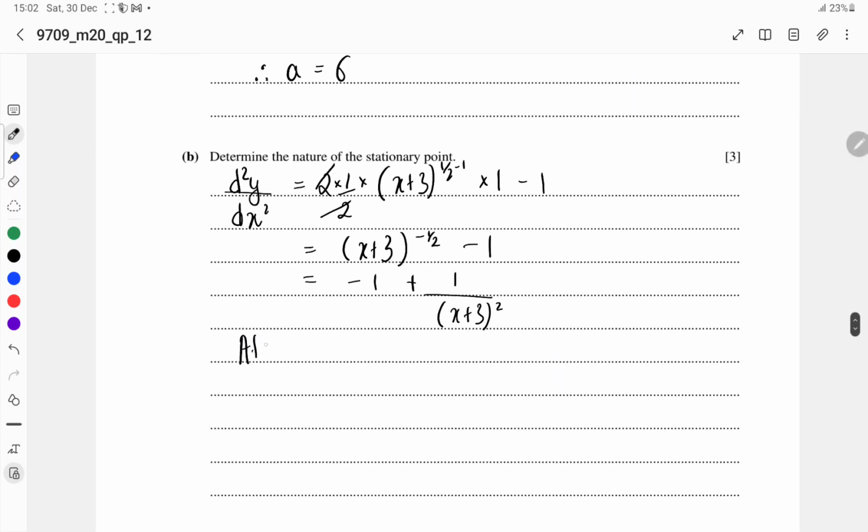So at x equals 6, d2y by dx squared is going to be equal to minus 1 plus 1 over the square root of (6 plus 3), and how much will this be? Minus 1 plus 1 over 3, which is a negative quantity.